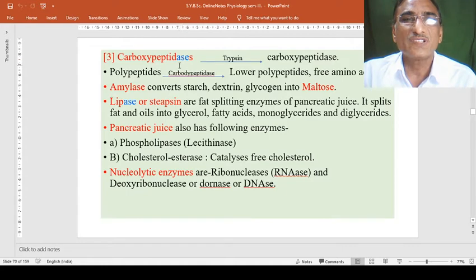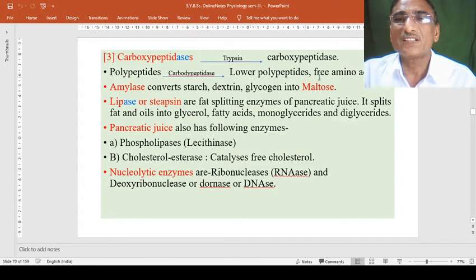The enzymes which digest peptides are called carboxypeptidases. So these are produced in the presence of trypsin. The enzymes themselves play a key role in the metabolism of food in the intestine. Polypeptides in the presence of carboxypeptidase are converted into lower polypeptides or free amino acids.